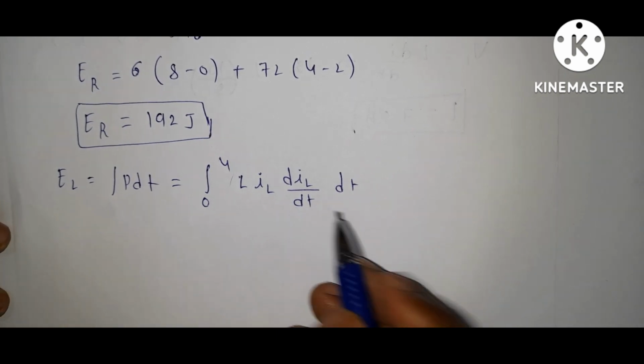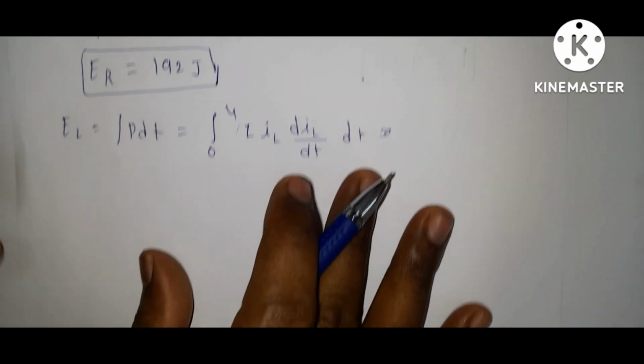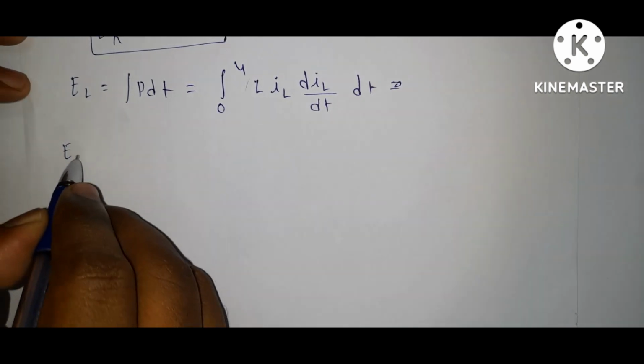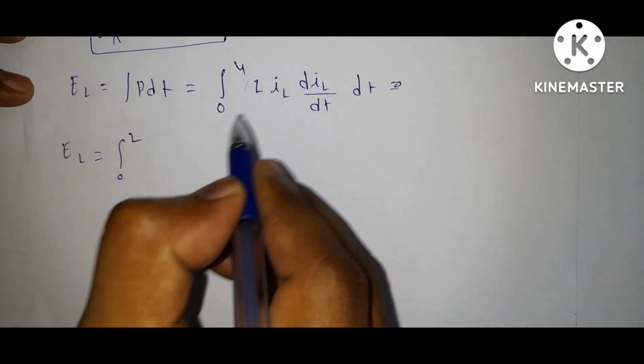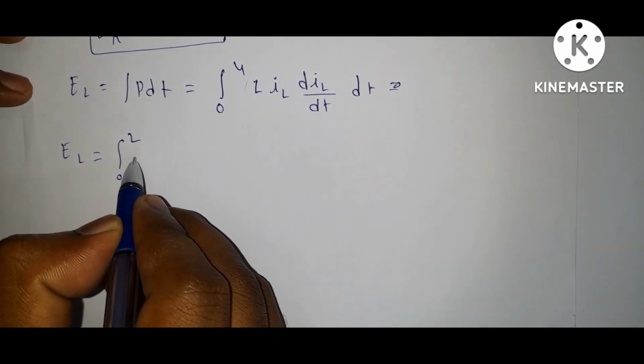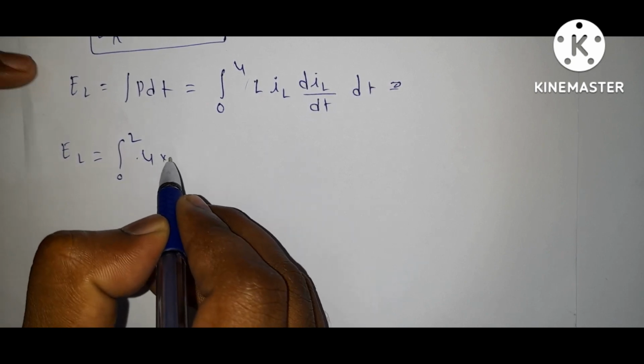Previously this value is given. So here you can write EL is equal to, from 0 to 2, the inductance value is constant, 4. So what is the current?